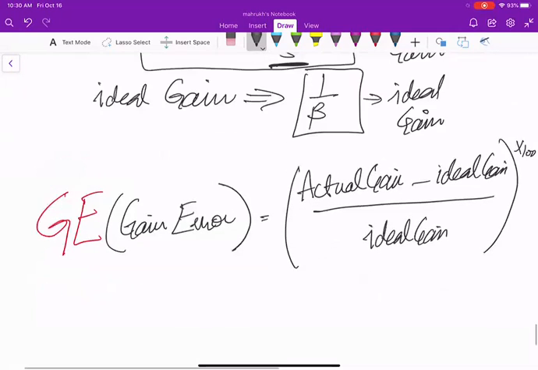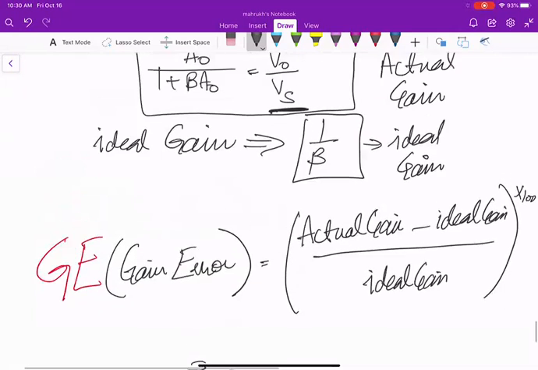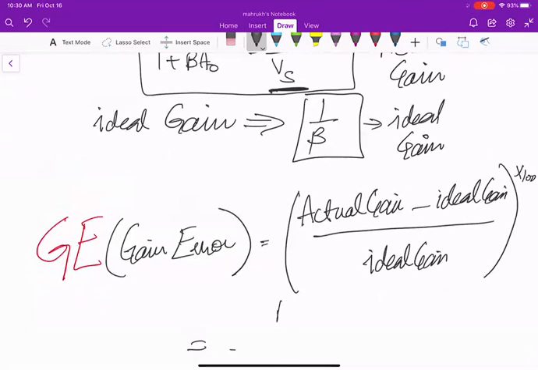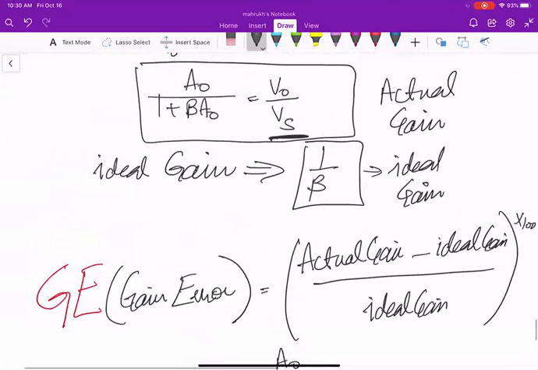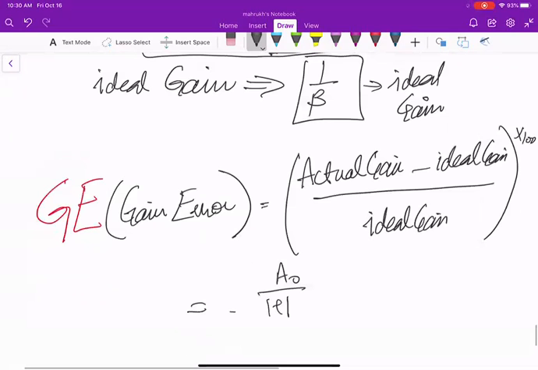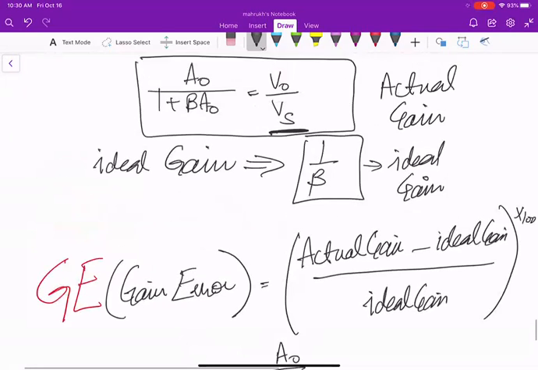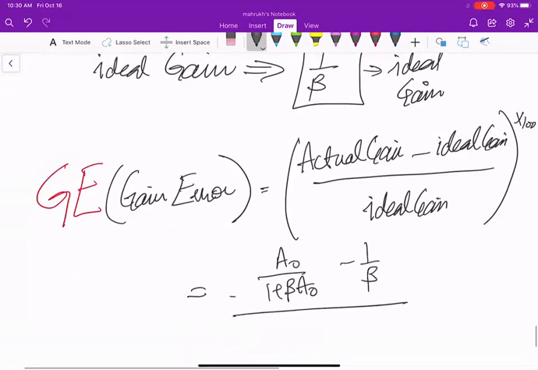And whatever the actual gain was, it was A naught over (1 plus beta A naught), minus 1 by beta, all over 1 by beta.